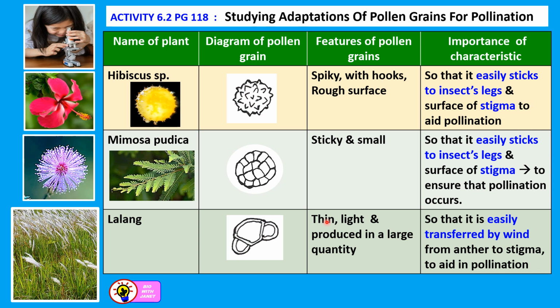It is thin, light, and produced in a large quantity. This tells us that the method of pollination is by wind, so that it is easily transferred by wind because of its light characteristic from anther to stigma to ensure that pollination occurs.